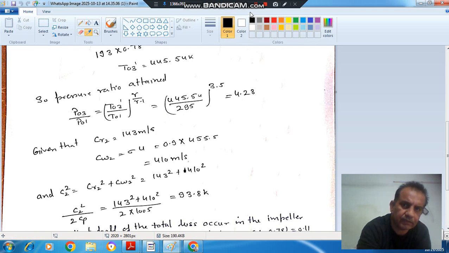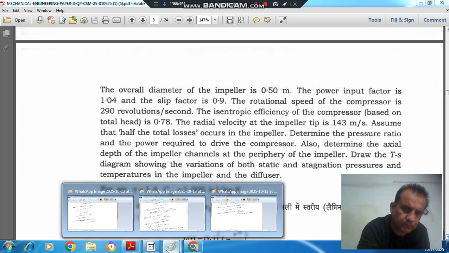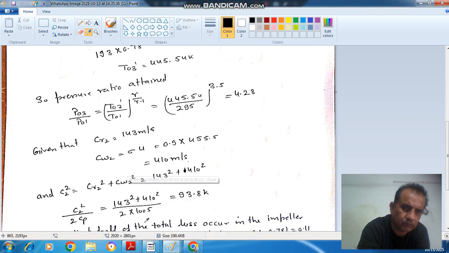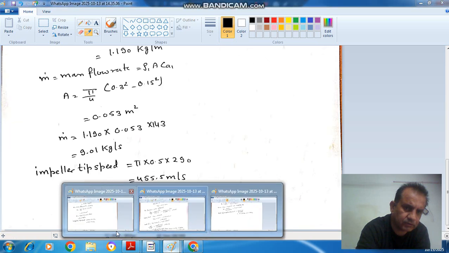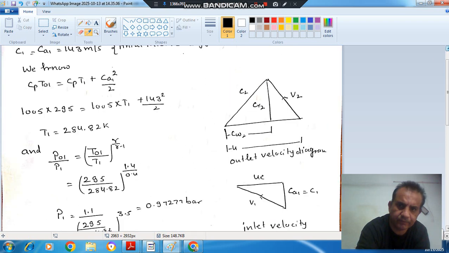Now it is given that the radial velocity at the impeller tip is 143 meter per second, so CR2 is 143 meter per second. The outlet velocity diagram of this centrifugal compressor is like this.